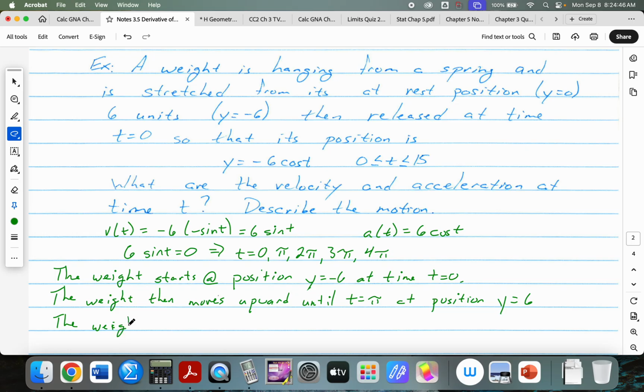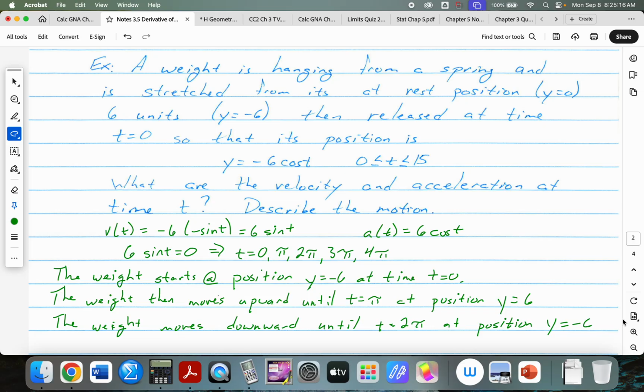So then the weight moves downward until t is equal to 2 pi at position y equals -6 at that point.